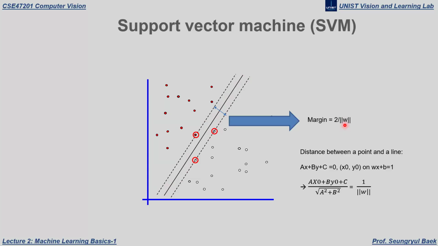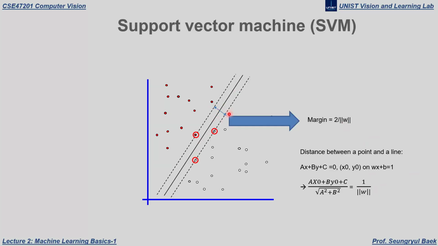For the detailed formula, it's not that important, and it's not that difficult. You can calculate it by yourself by following this formula carefully. If you apply that, you find that this is the distance between the point here and the straight line here, and this is twice that.